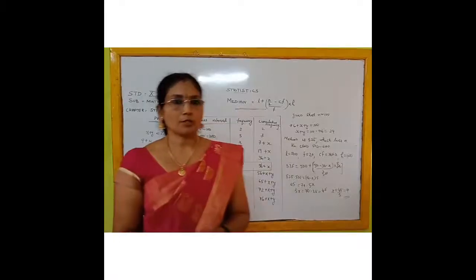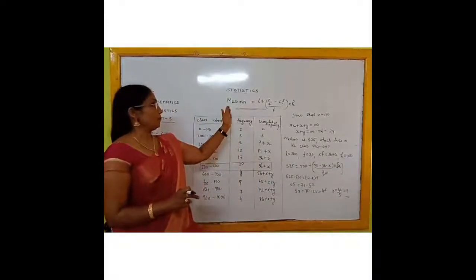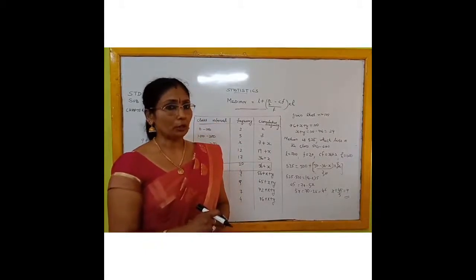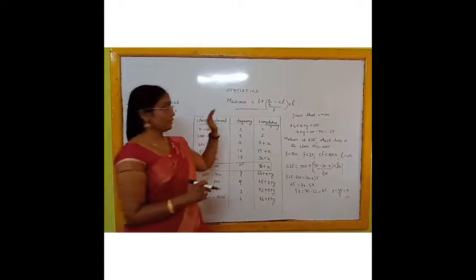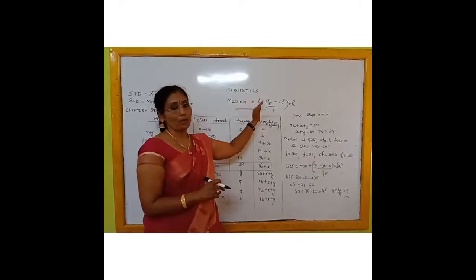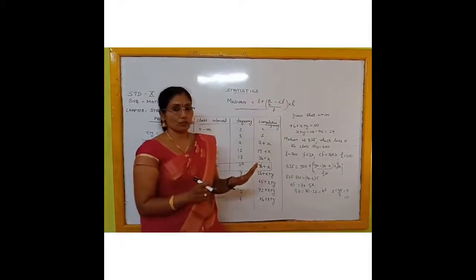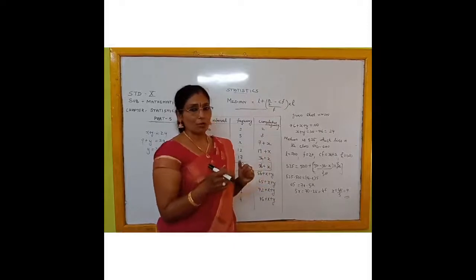Good morning, students. In the previous class we learned how to find the median for a grouped frequency distribution. The formula we have seen is median equals L plus (n by 2 minus CF) divided by F, into H. About CF, I already told you that it represents the cumulative frequency.